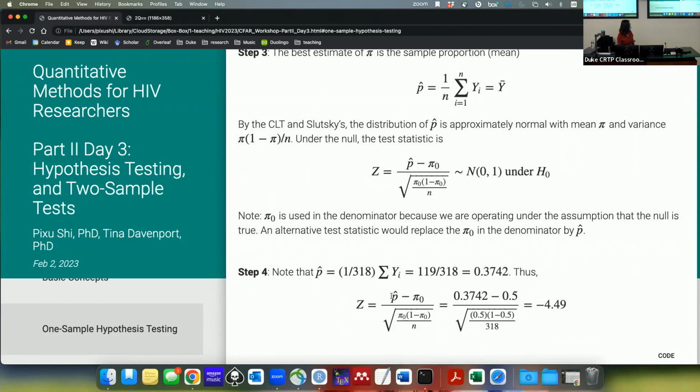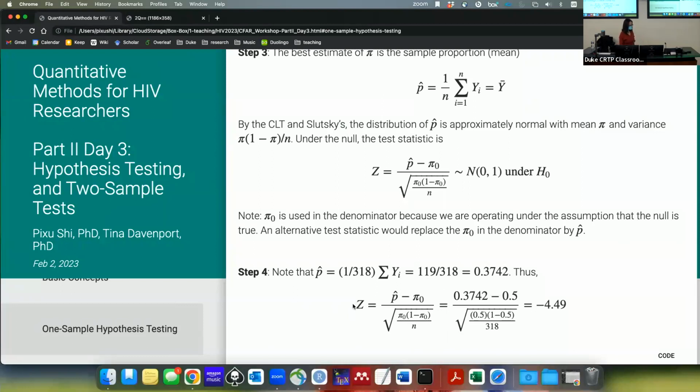If this difference is too large or too small, you will reject the null hypothesis. And similarly, we would want to scale it by the variance of the data. And the variance of the data is related to the null parameter here.